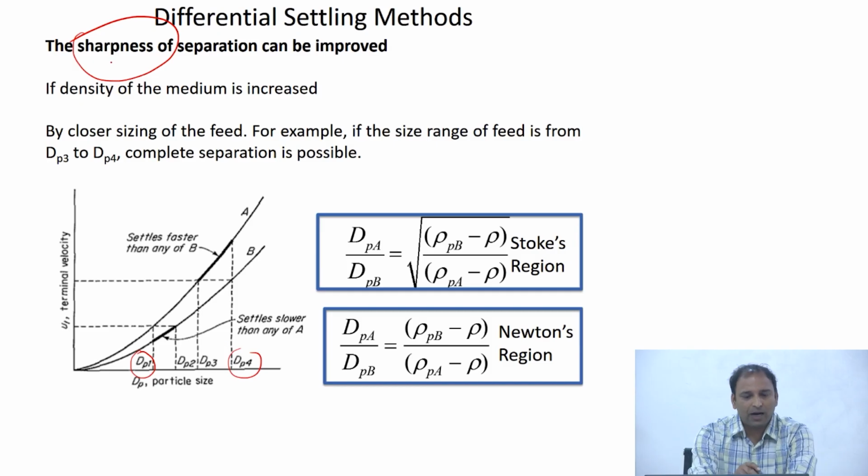Now it turns out that the sharpness of separation can be improved if the density of the medium that I'm using is increased.